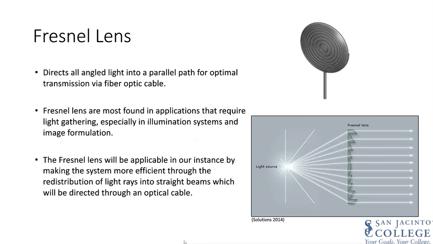So the purpose of this was that we could take light from anywhere around the capture device, have it directed to a central point, and from there it would be concentrated and sent down fiber optic cables to the solar panels to be turned into electricity.